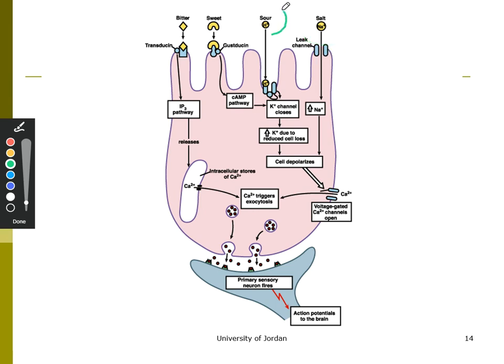The second is sour, hydrogen. Binding of hydrogen to its receptors on the membrane causes closure of the potassium channel. If the potassium channel is closed, it causes depolarization of the membrane, and depolarization causes influx of calcium, and increased calcium causes release of the neurotransmitter.